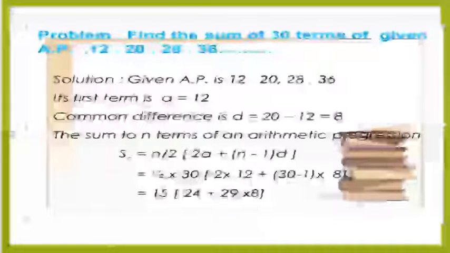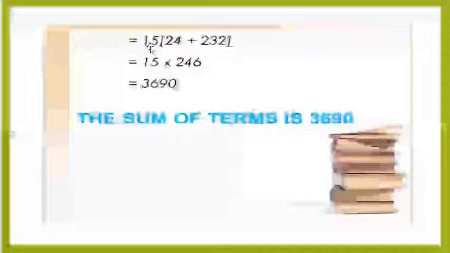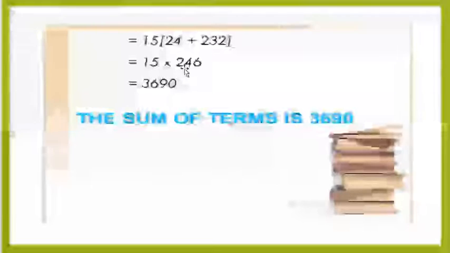After that the answer is 15 into bracket 24 plus 232, completed bracket, 15 into 246, and the total is 3690. So we can say that the sum of the terms is 3690. In this way we can solve the examples.